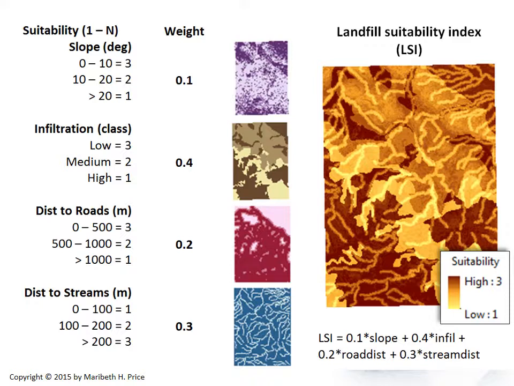Someone needs to be really familiar with soil properties and environmental conditions here to gauge the importance of the different variables and apply these different weights to them, so that our final analysis says, yeah, these are locations that meet our input criteria, meaning they're low infiltration, low slope, close to roads, and far away from streams.